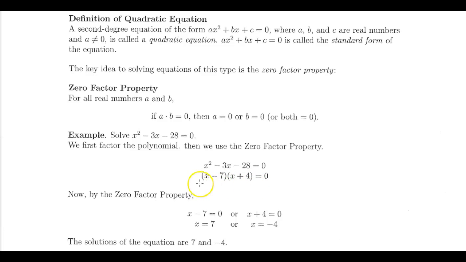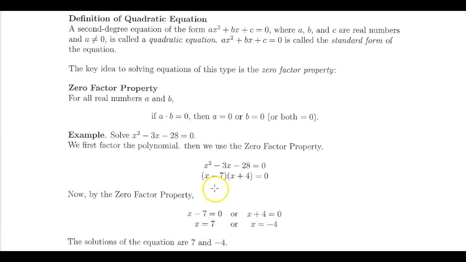We have two factors with a product of 0, so either x minus 7 is 0 or x plus 4 is 0. Solving the first equation, we add 7 to both sides and get x equal to 7. With the second, we subtract 4 from both sides and get x equal to negative 4. So the solutions to this equation are 7 and negative 4.